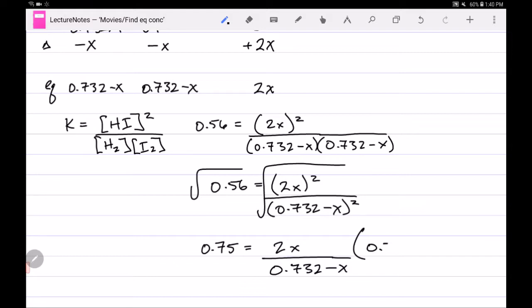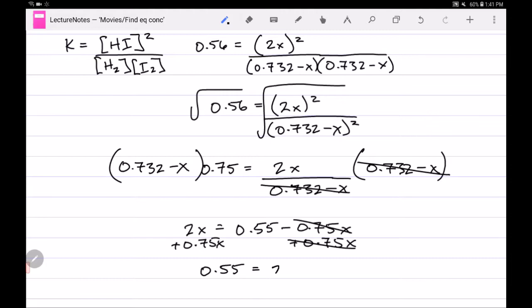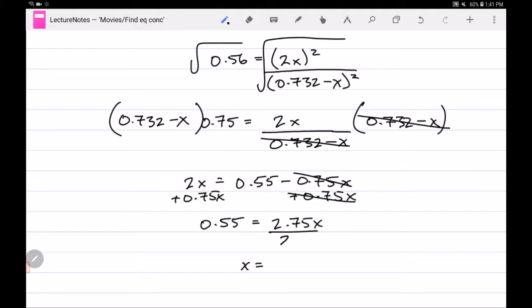And then we can multiply both sides by 0.732 minus x. And then we can combine like terms. So x is 0.20.